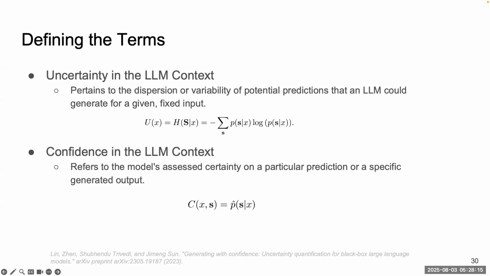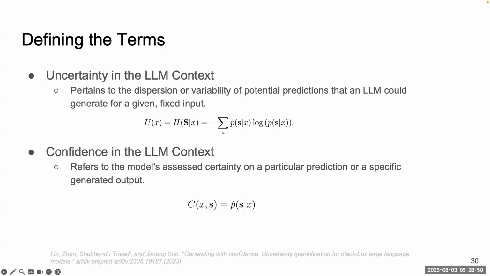And when we talk about confidence in a later part of this tutorial, we're talking about the confidence of the model generating one certain output given one certain input, the probability of generating this output S given the input X.